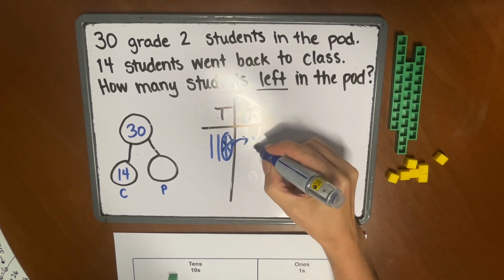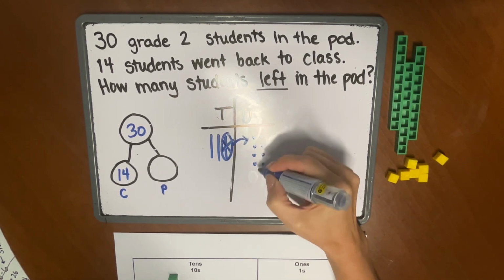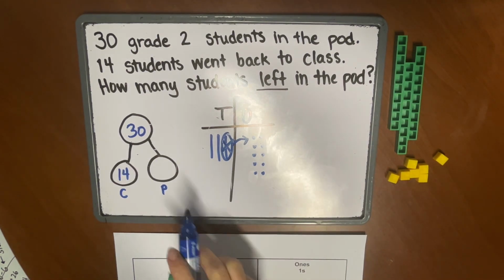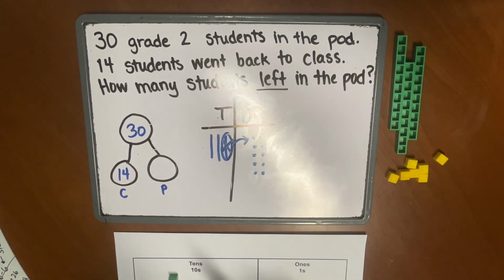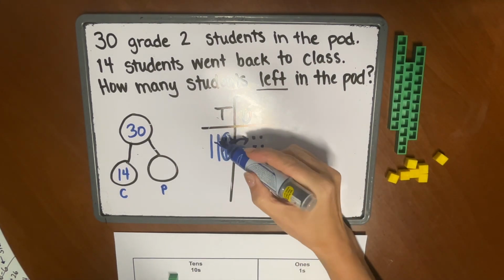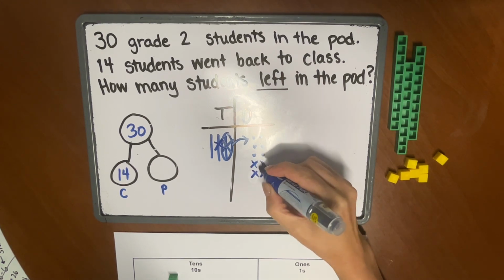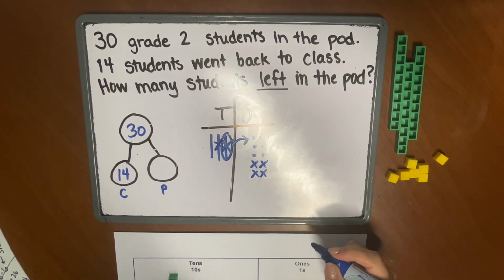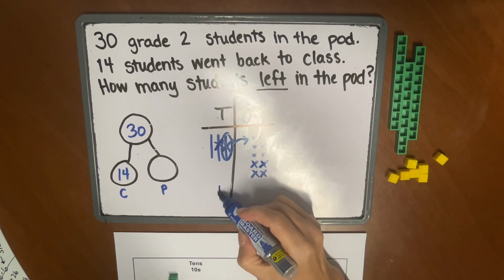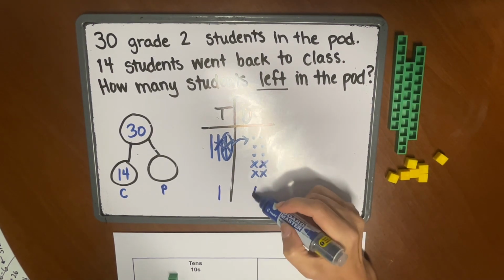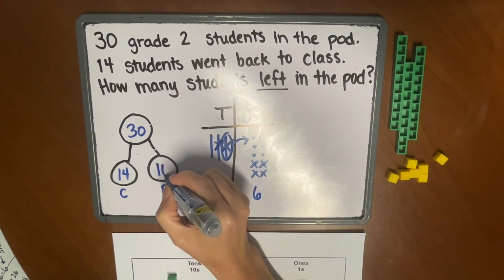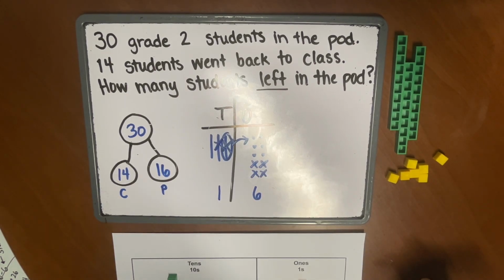So I have 10 ones and 2 tens, but that's still 10, 20, 30. Well, now I can take away the 14. Take away 10, 11, 12, 13, 14. And how many are left? Well, I have 1 10 left and 6 ones. So 16 stayed in the pod.